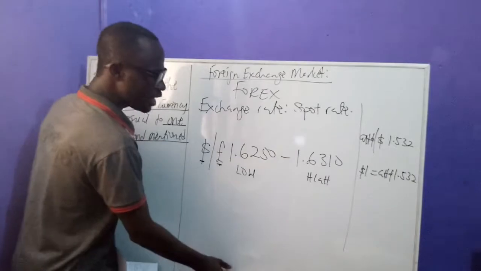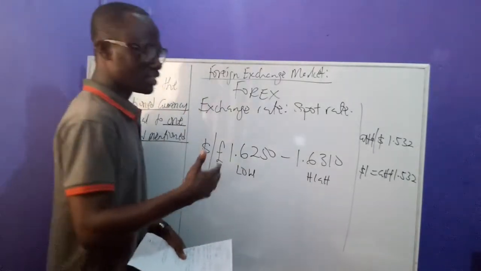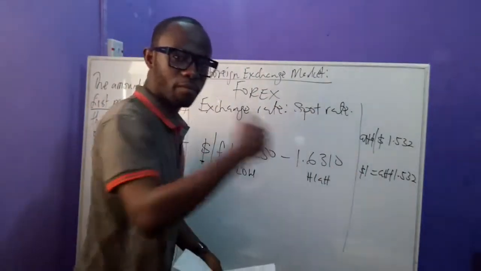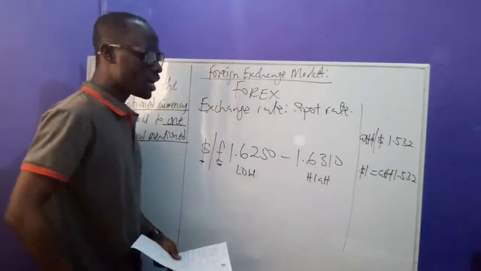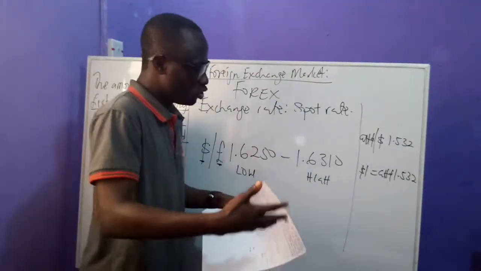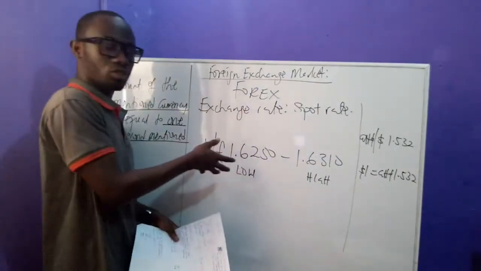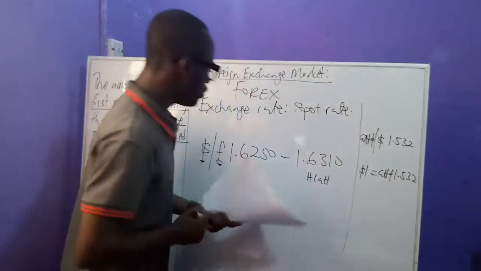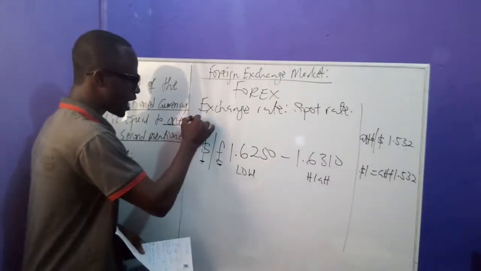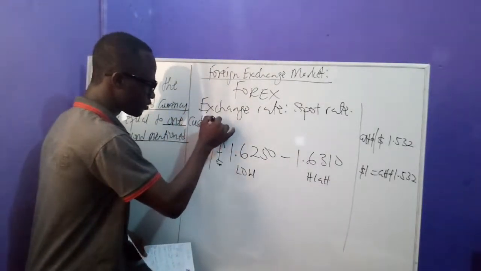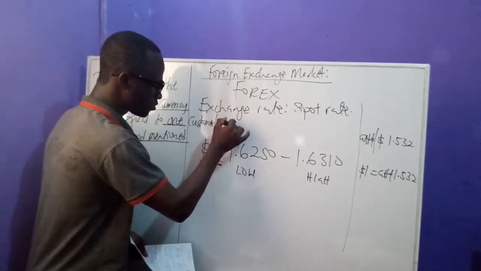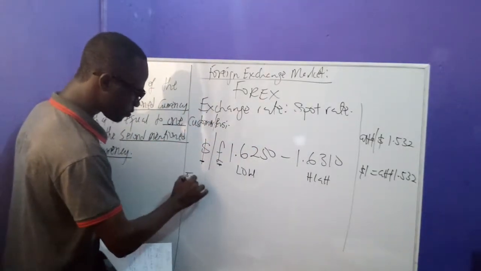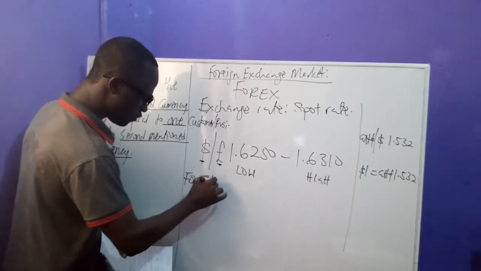Now, not only must we understand that the rate is equivalent to one of the second mentioned currency, we must also understand when to use the high rate and when to use the low rate. To be able to do this, we can look at it from the perspective of the customer, that is the business, or we can look at it from the perspective of the forex, or if you want, the bank.